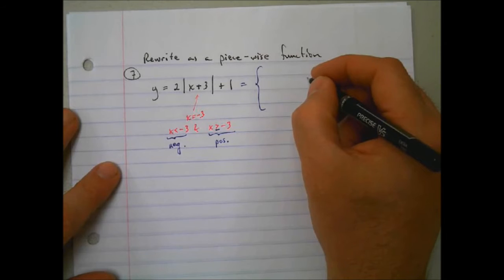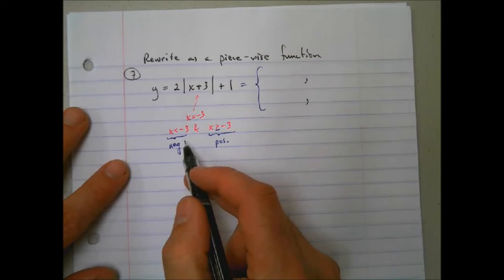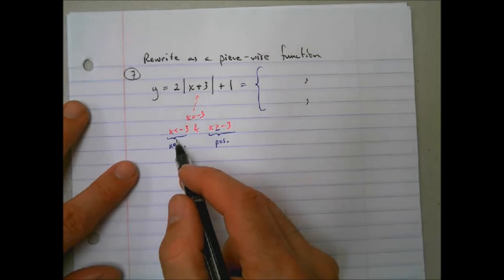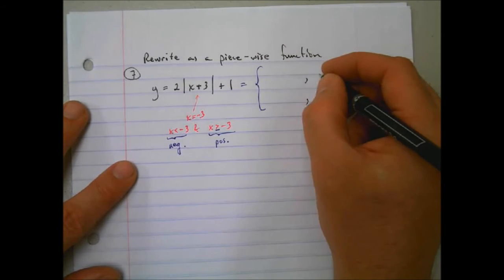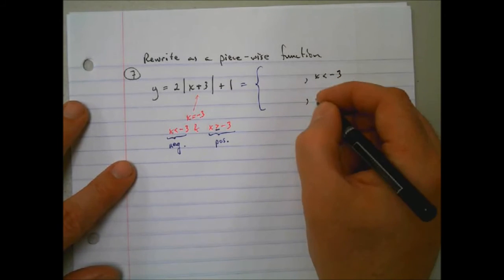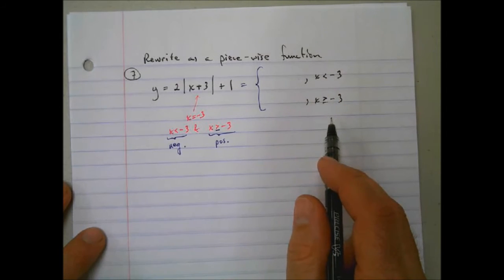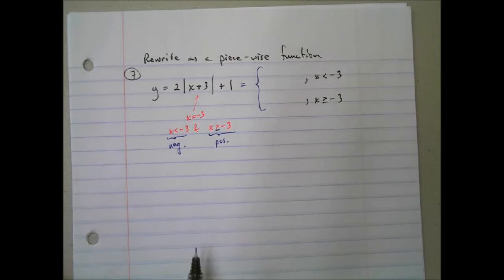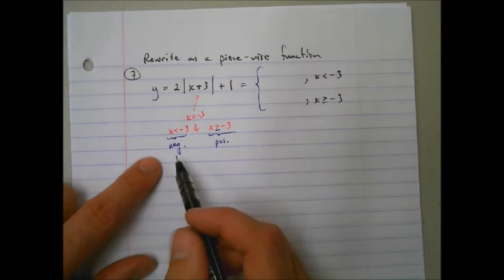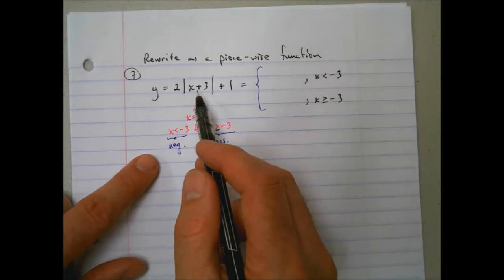So writing the piecewise function now, we need the domain restrictions, obviously. And typically the one on top is the one that's furthest to the left. So x less than -3 is the one that we'll put on top, and x greater than or equal to -3 we'll put on the bottom. And remember that with the negative rule, the way we drop the absolute value, we have to multiply by -1.